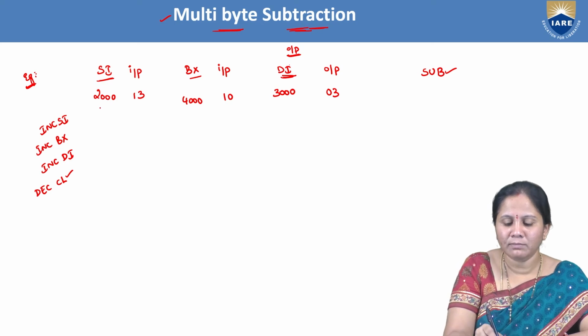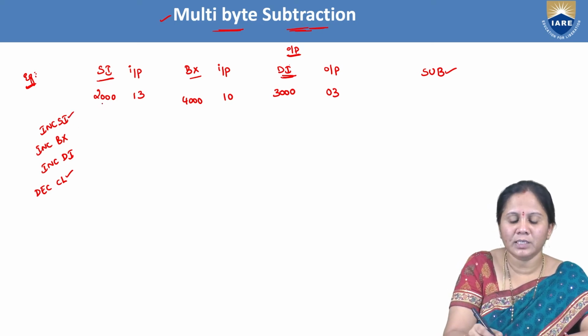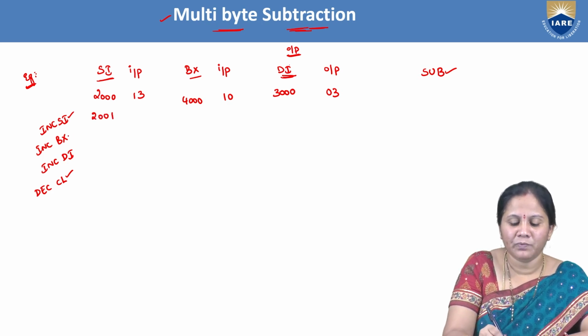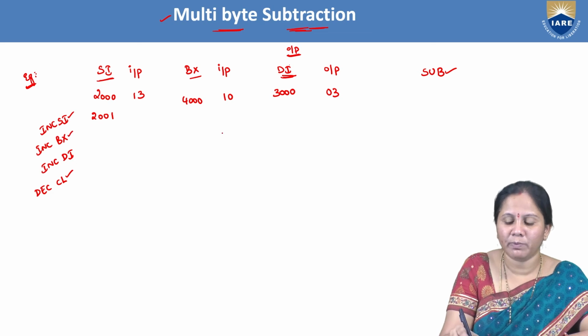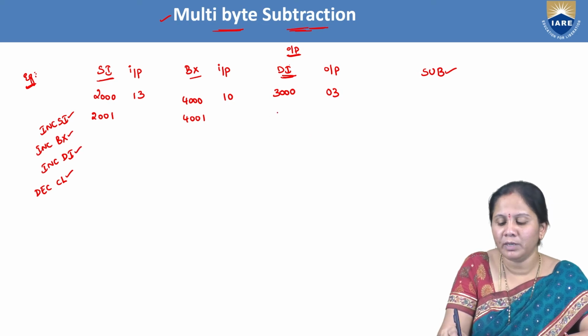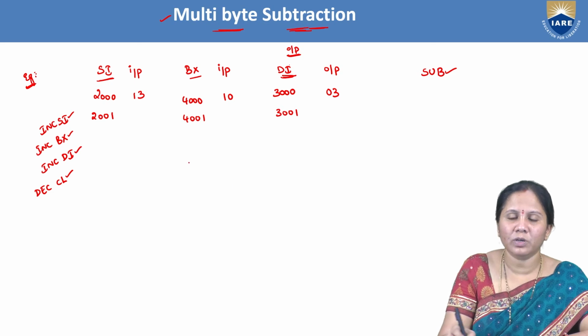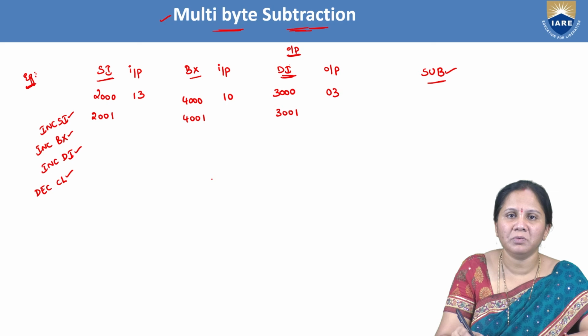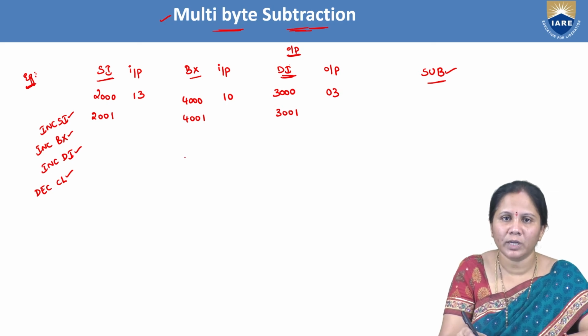So for example, if this INC SI instruction is performed, then the value of SI will be incremented by 1. If the increment BX instruction is performed, the value of BX will be incremented by 1. If the increment DI instruction is performed, the value of DI will be incremented by 1. So if these locations are incremented by 1, the subtraction operation will be performed between the inputs present in this location.